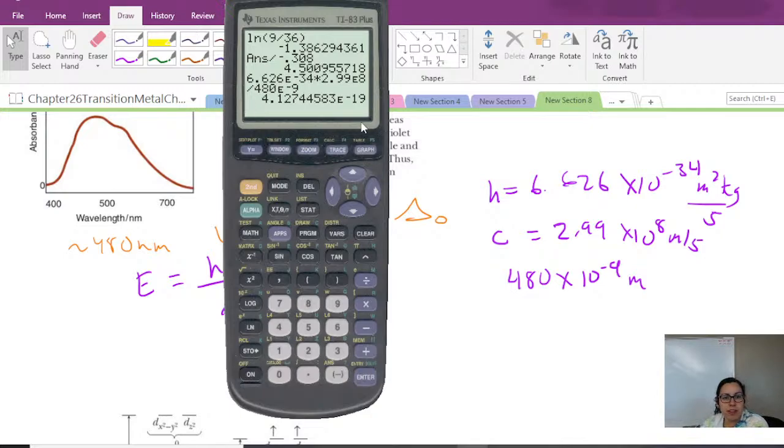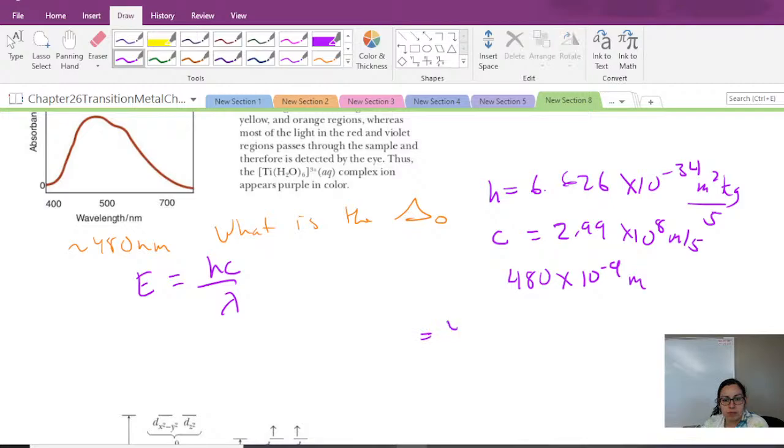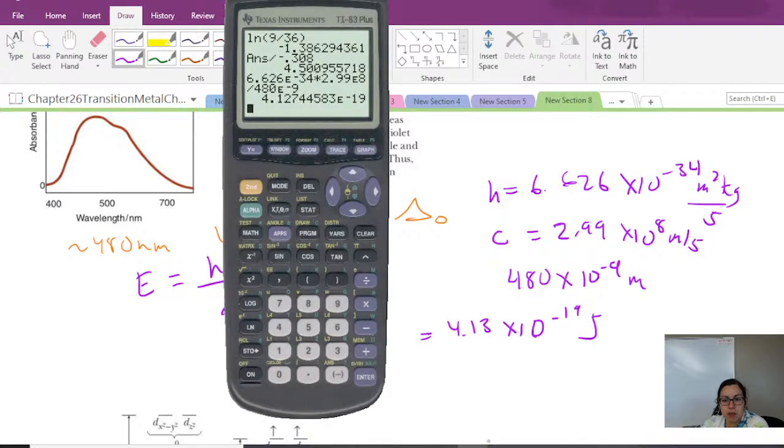And so hopefully you got the energy, something like this. As long as you're somewhere around the order of magnitude. And then don't forget that that's joules.